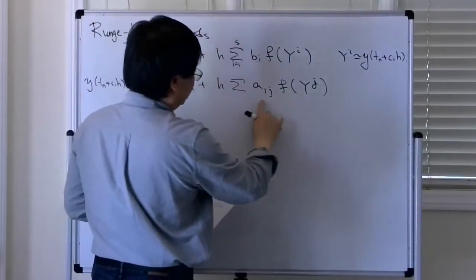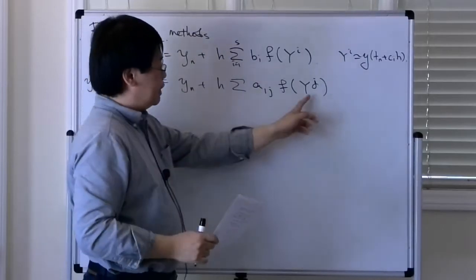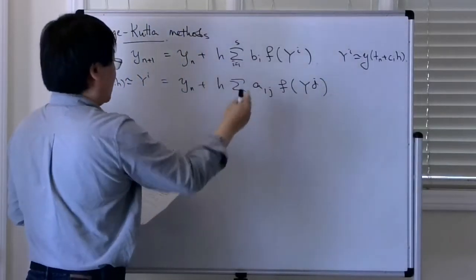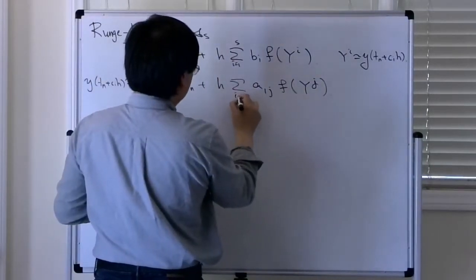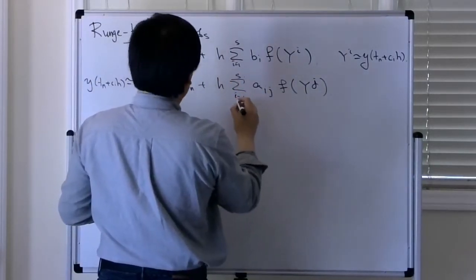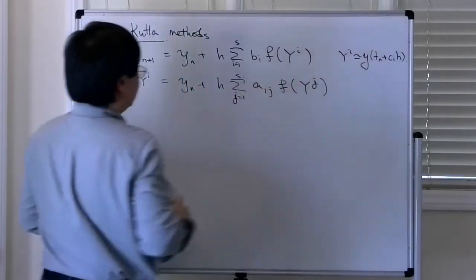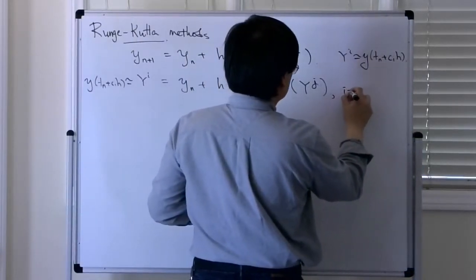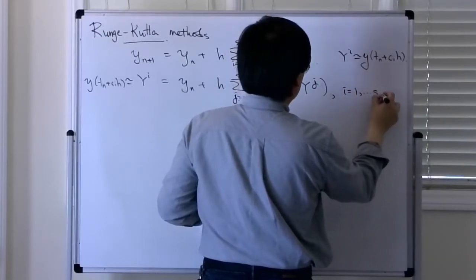The idea is that you have quadrature weights, but the quadrature points are the same points. That allows you, in principle, to have a closed system of equations, for I equals 1 to s.